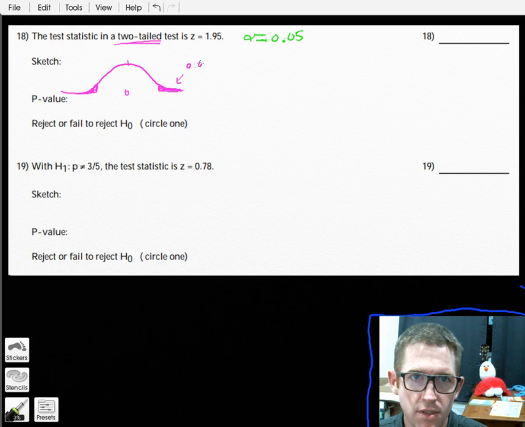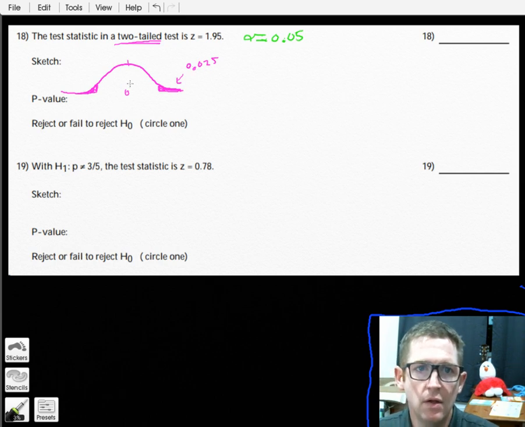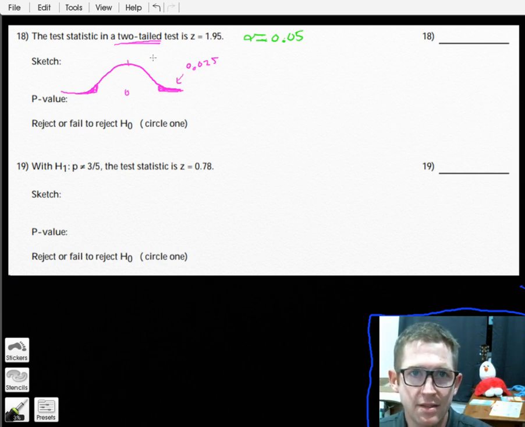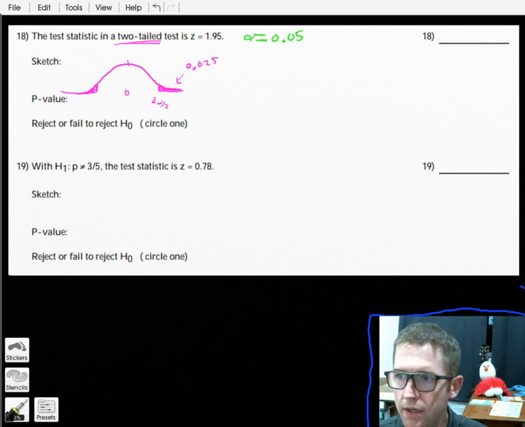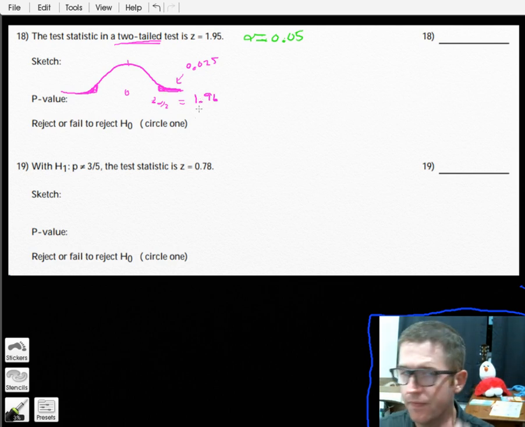So 0.025. And we are testing this z alpha over 2 versus this z of 1.95. So this z alpha over 2 with an area of 0.025 is going to be equal to positive 1.96.